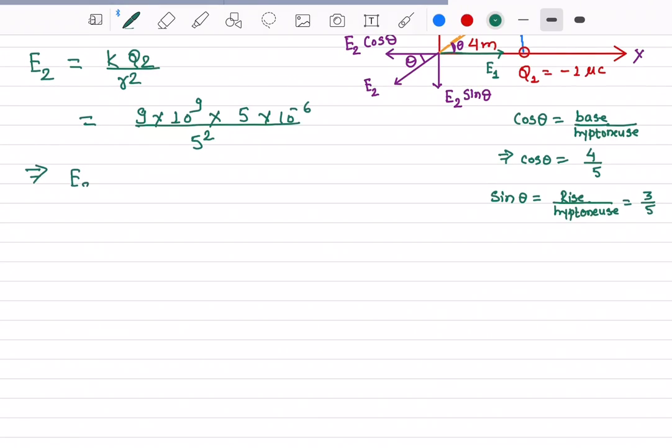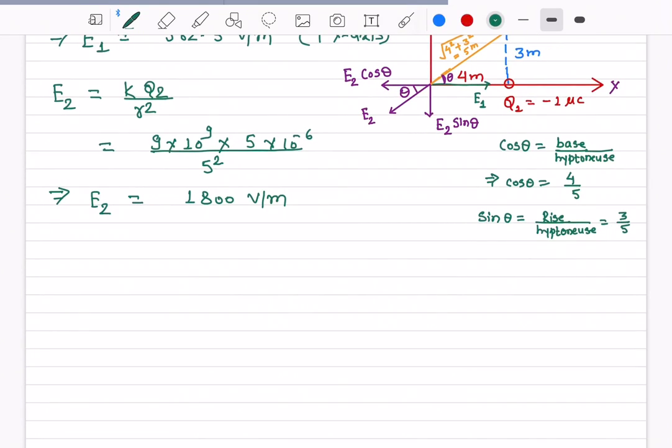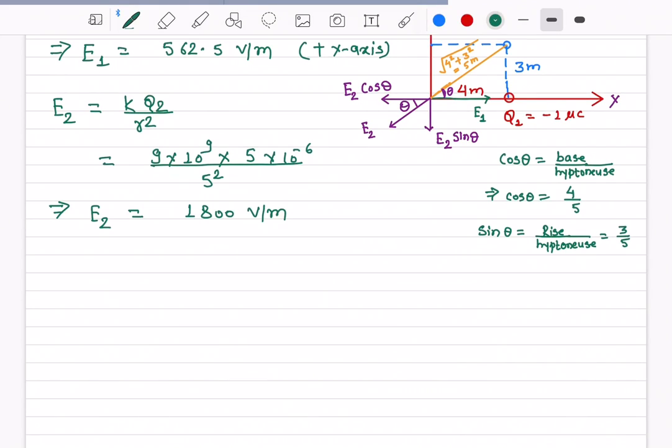So 5 squared. If we solve it, what we get is E2 is equal to 1800 volt per meter. That's the electric field, the value.